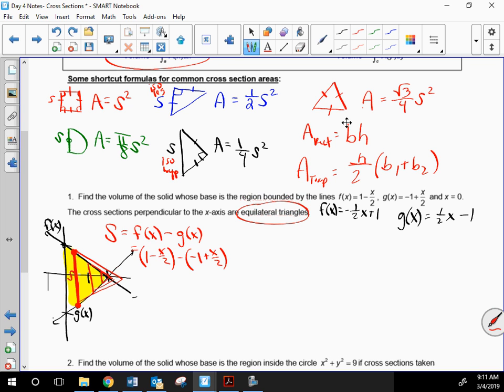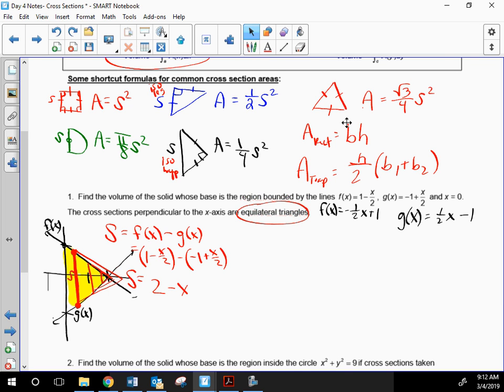Let's simplify this a little bit. We get 2 minus x. Is that right? Okay, so I know that my side is going to be 2 minus x.